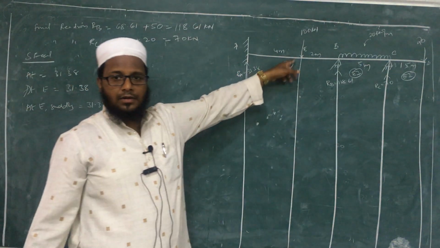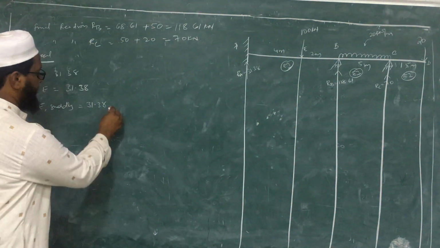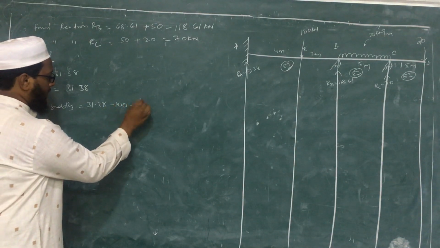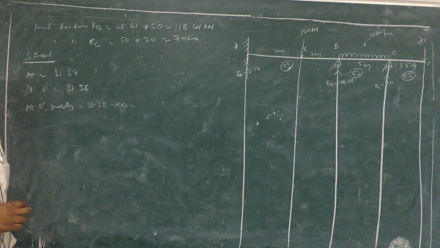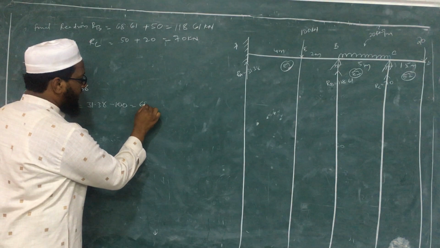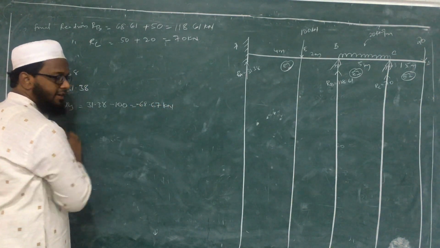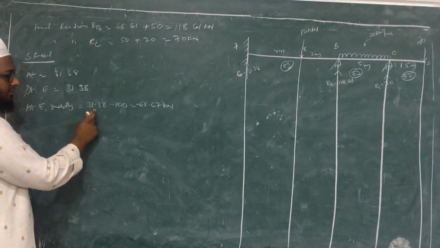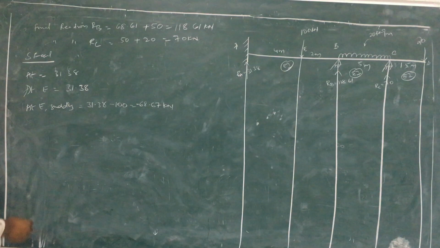Since this 100 kilonewton is going in downward direction, so minus 100. 100 minus 31.38 is how much? 68.62 kilonewton. This is minus, right? Why? Because it is minus 100. So it will become minus 68.67.